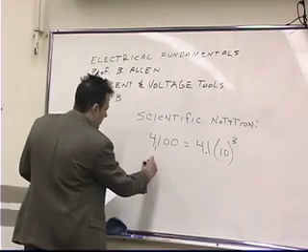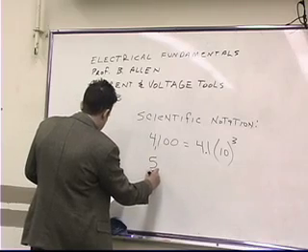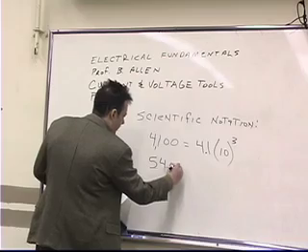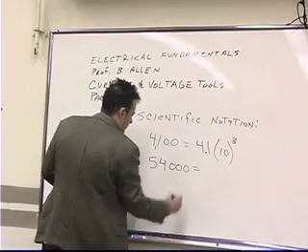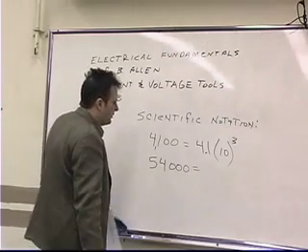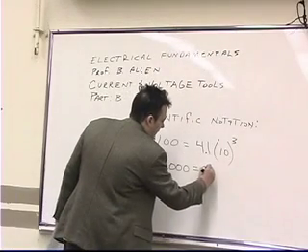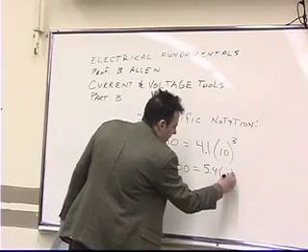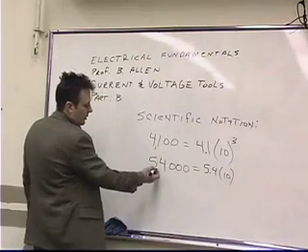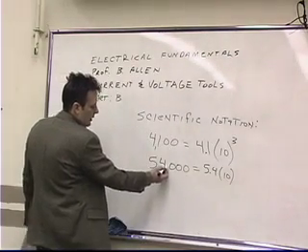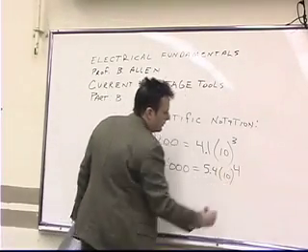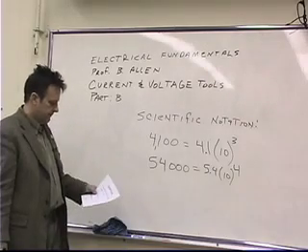Let's say we had a number like 54,000. If we had 54,000, we could write that as 5.4 times 10 to what power? 1, 2, 3, fourth power. Okay?